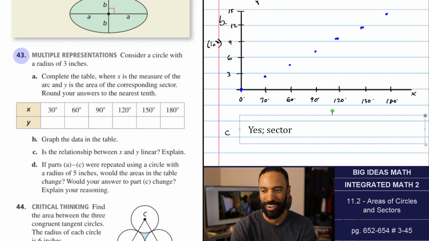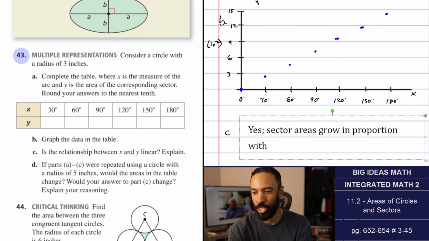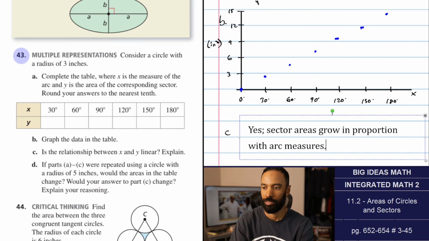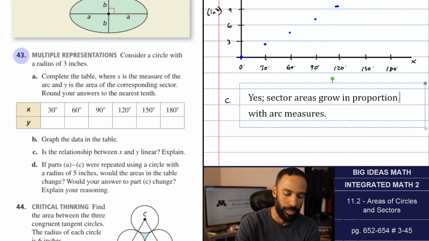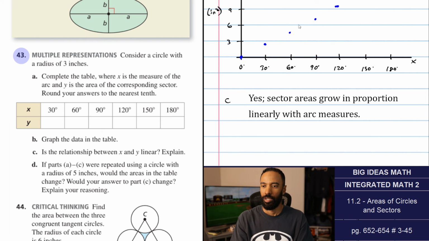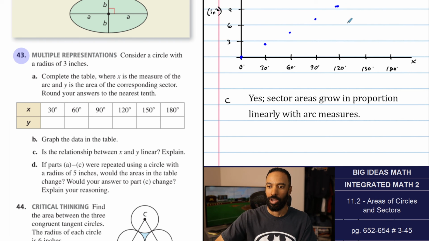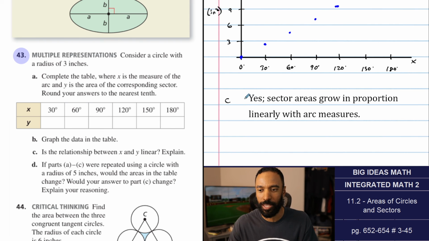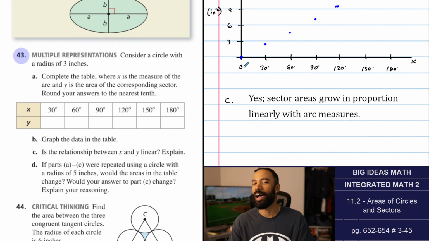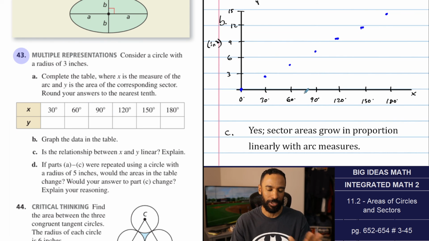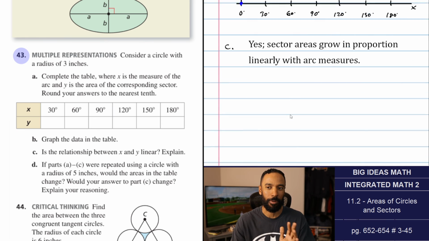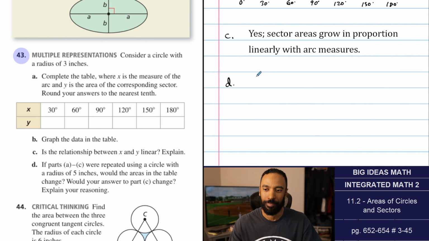Sector areas grow in proportion with arc measures. It's been a long day. Linearly, I should say. And yes, because it looks like it is. And yes, because that's how I found them, right? I found them using a linear proportionality. I'll go ahead and admit that. I apologize for that. But it should appear linear.